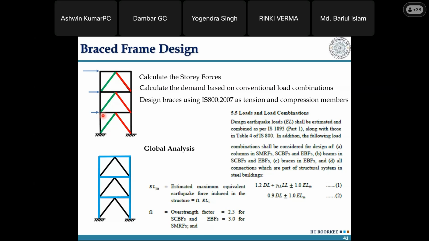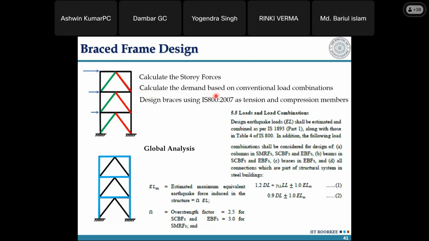So we have a building in which braces are there. Lateral forces are applied in this particular direction, and you have one set of brace in tension and the other brace in compression. The green ones are in tension and the red ones are in compression. So calculate the story forces. You will be using either the equivalent lateral force method or, most possibly in a high seismic region, the response spectrum method as the base minimum.